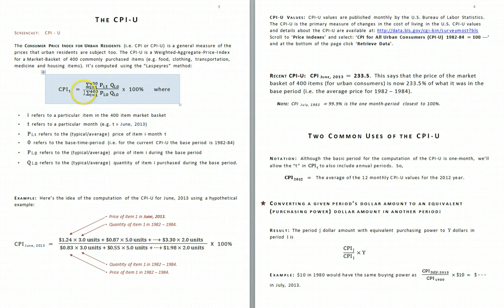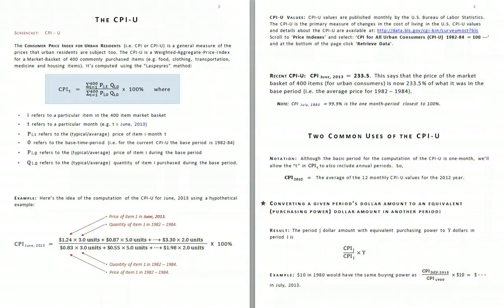The sum being over all 400 items in the basket, the denominator is the price of the basket pegged to the base period. Thus, the denominator, the price of the basket in the 1982-84 base period, is the same for the calculation of all CPI-U monthly values.